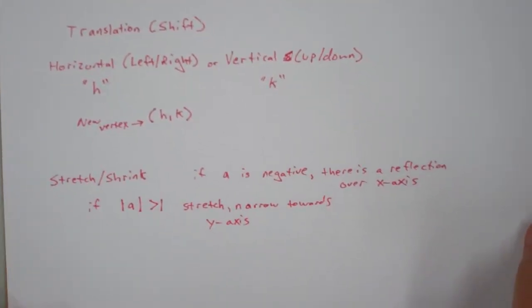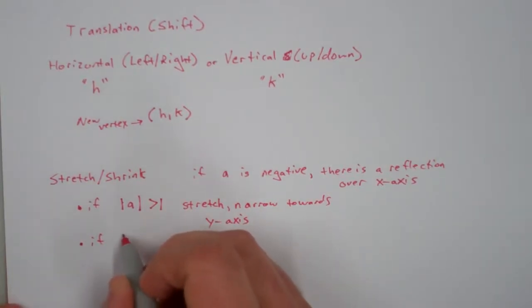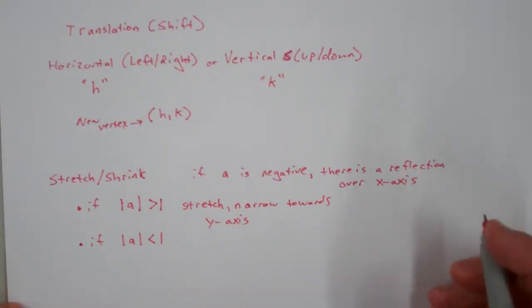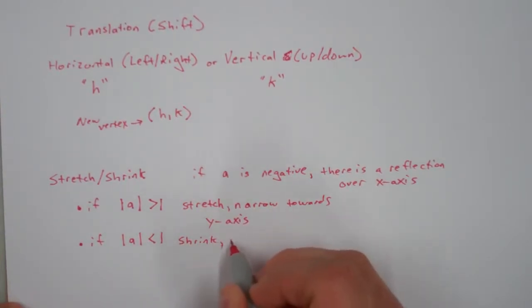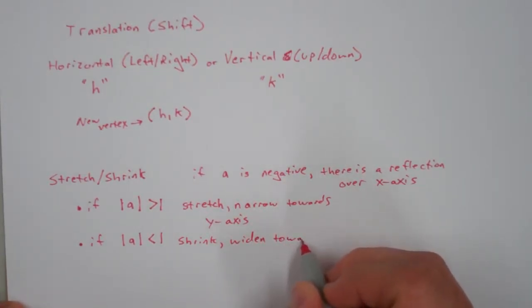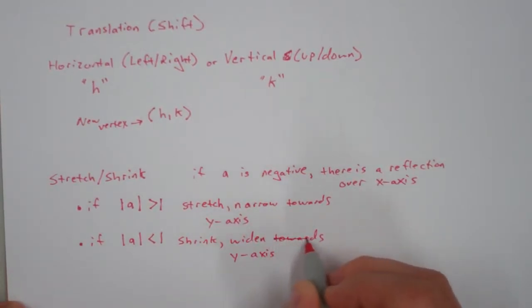Move this up a little bit for you. If the absolute value of a is less than 1, so like between 0 and 1, then there's going to be a shrink, or it's going to look like it's going to widen away from the y-axis.